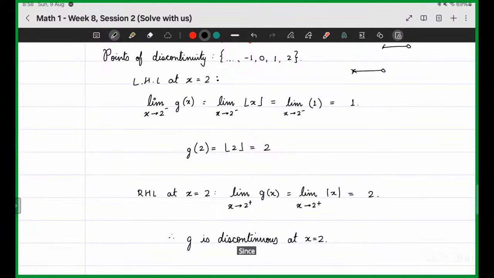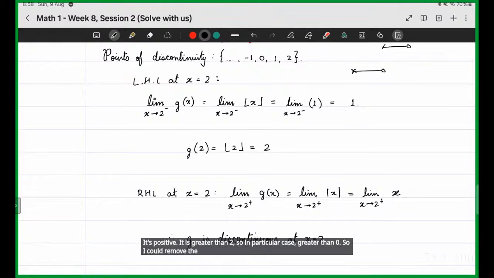Or you could also do it as follows: when I'm in the part of the domain which is greater than 2, mod x is simply x, right? It's positive. It is greater than 2, so in particular, it is greater than 0. So I could remove the mod just because I'm analyzing the behavior near a certain point with a certain constraint.